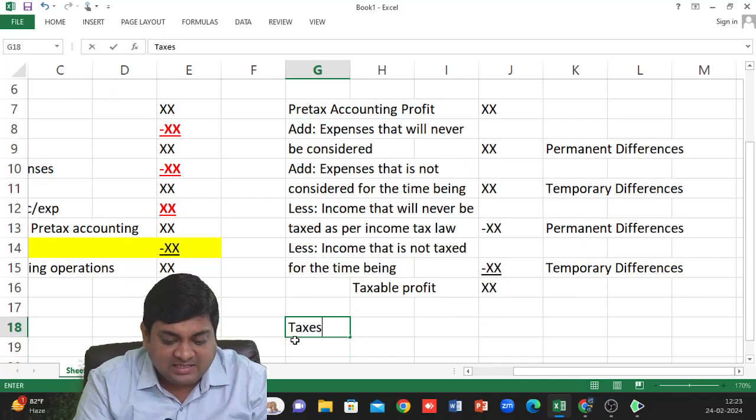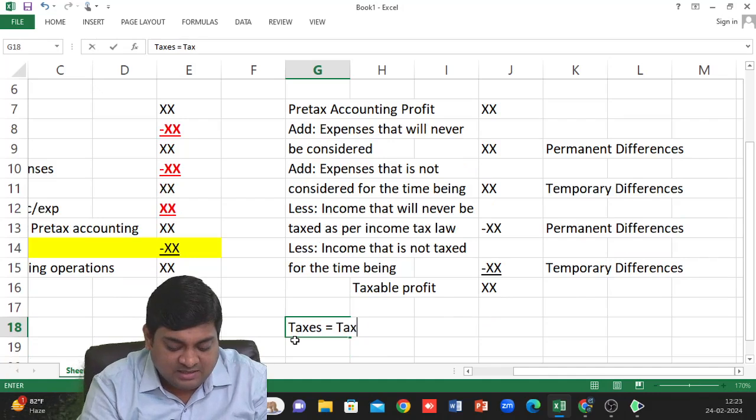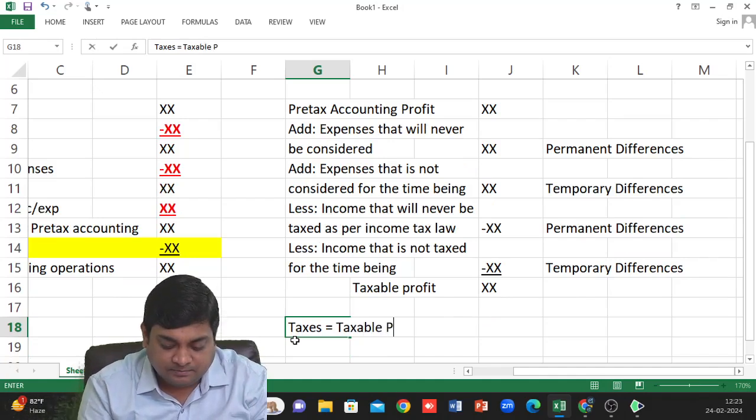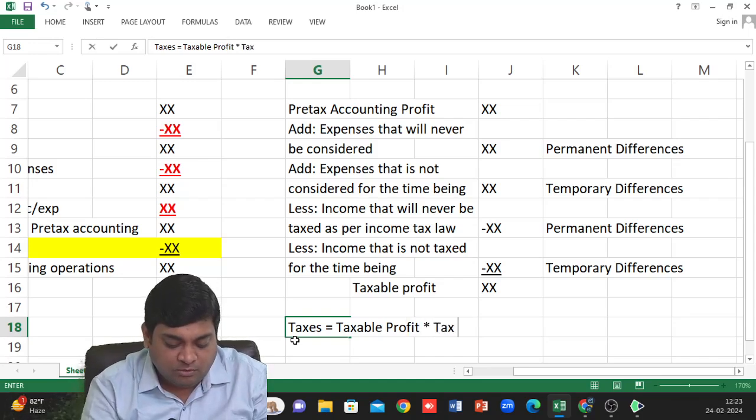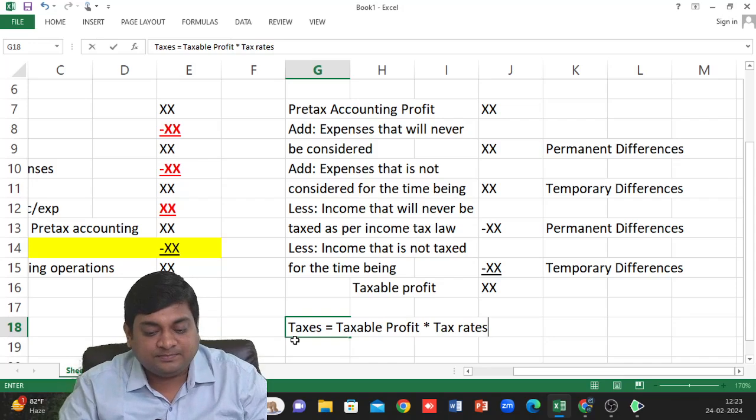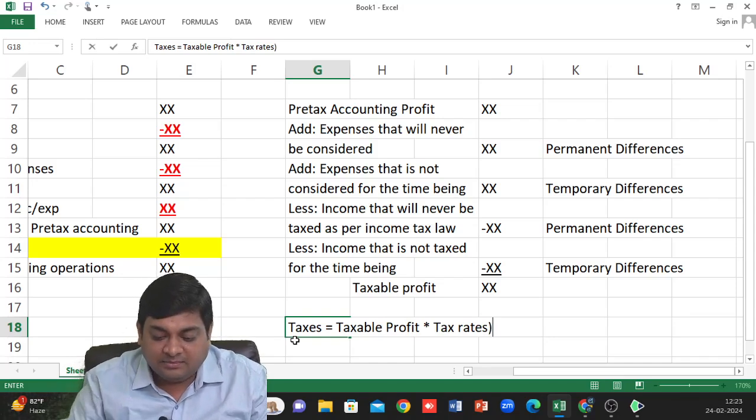So what are taxes? Taxes means taxable profit into tax rates, right?